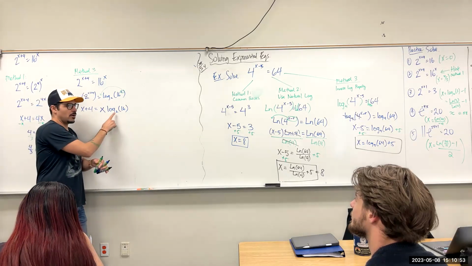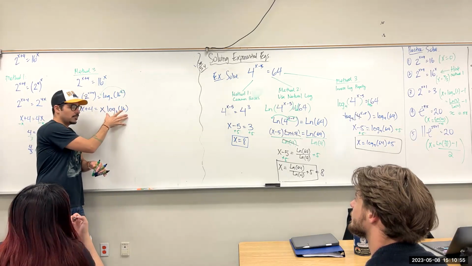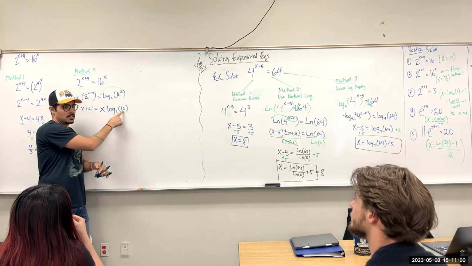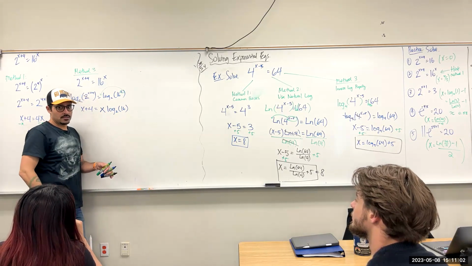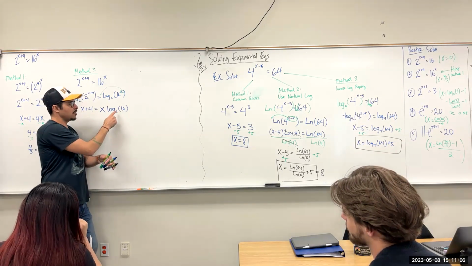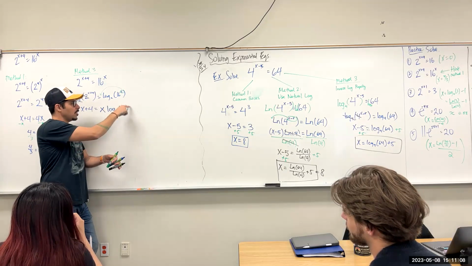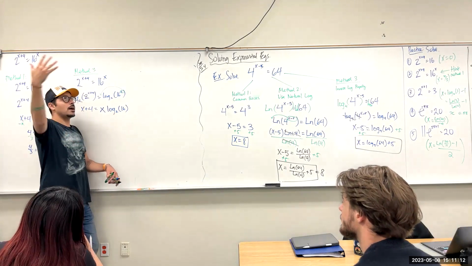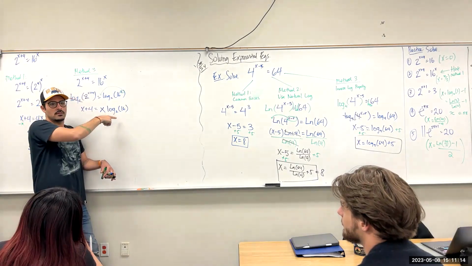Because 16 is a power of 2, you can simplify that. If this was a 17, the problem gets even nastier, okay? But because 16 is a power of 2, remember the log is supposed to equal an exponent, right? 2 to what power equals 16? 4.